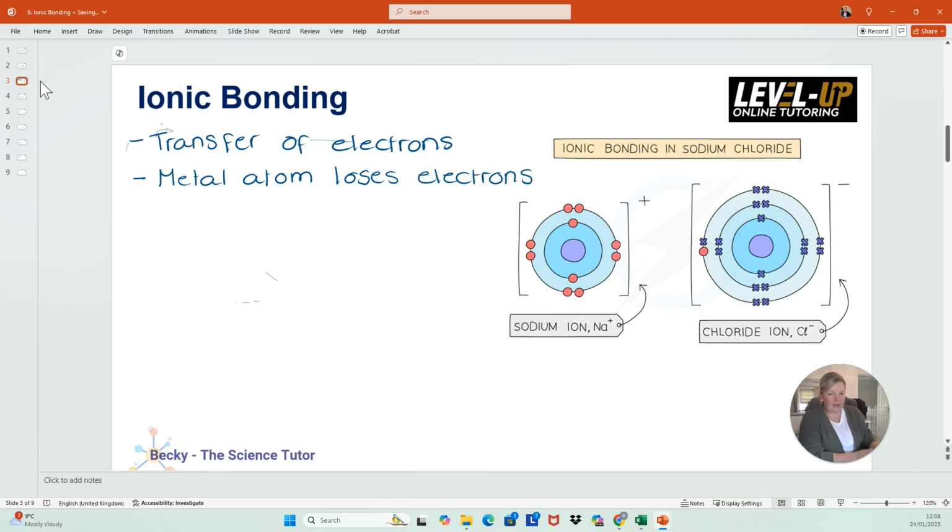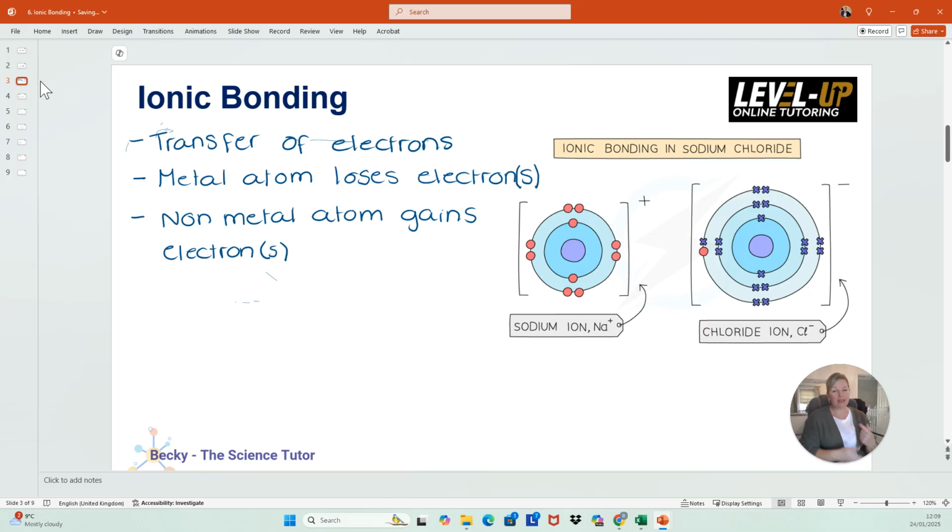Okay, metals always lose electrons, and the non-metal atom gains electrons. Now I suppose I should put electron and an S in brackets. I'll do the same for that one because it might be one electron, it might be two electrons, it's dependent where they are in the table.